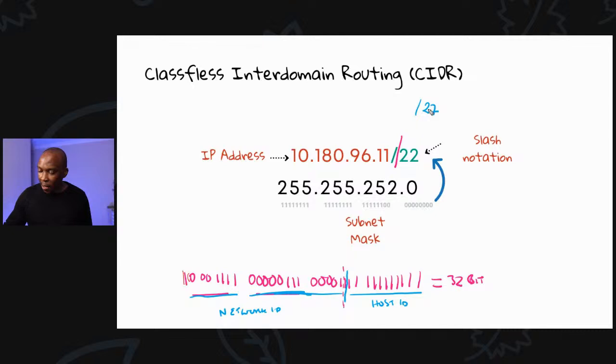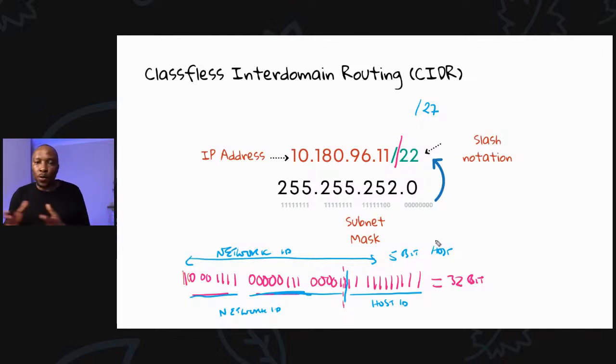We are saying the first 27 bits become the network ID, and the last 5 bits become the host portion of that particular IP address. We are now able to slide and fluctuate based on what we are trying to achieve and how many addresses we basically need.